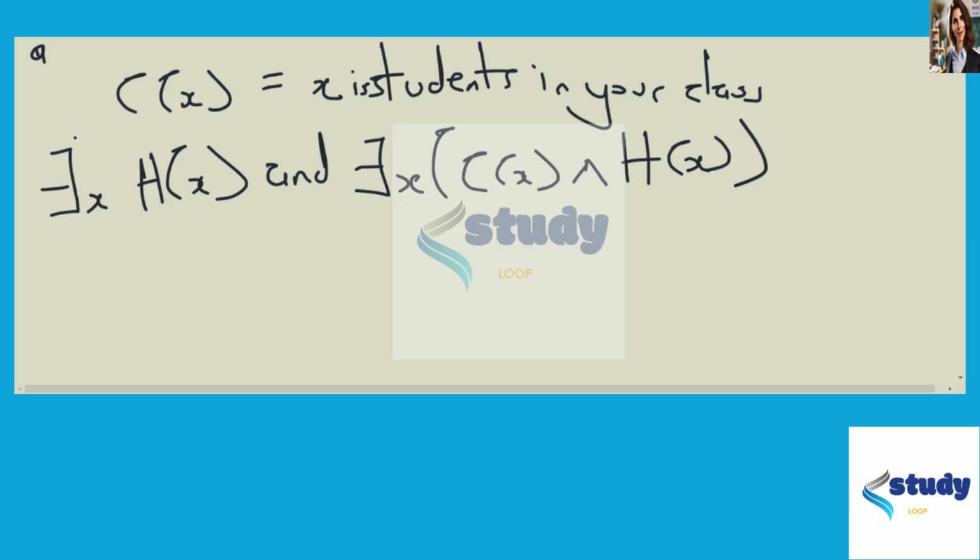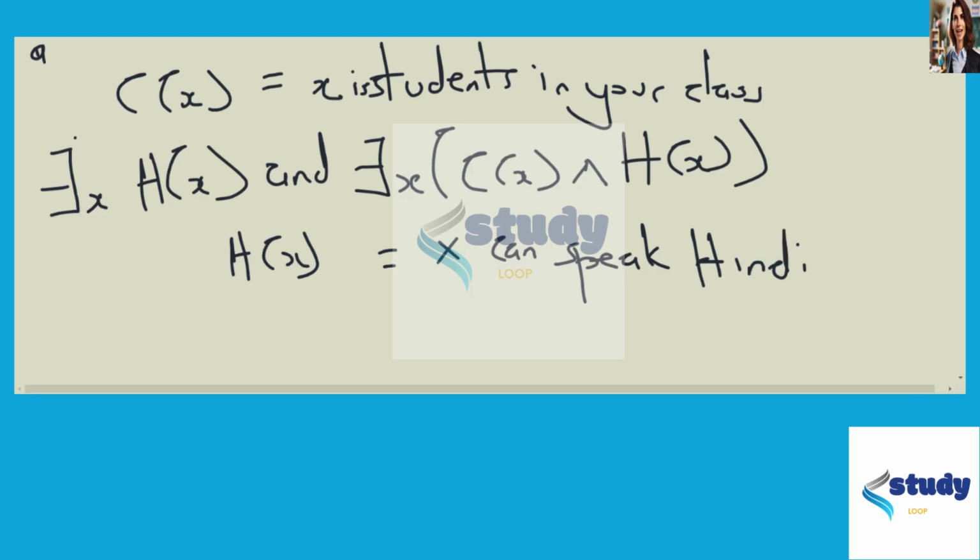So here H(x) means x can speak Hindi. And I said earlier that C(x) is the propositional function where x is a student in your class. So this is for part A.